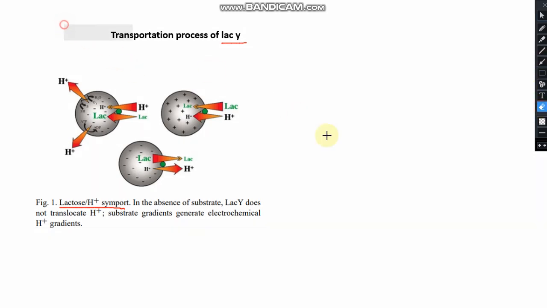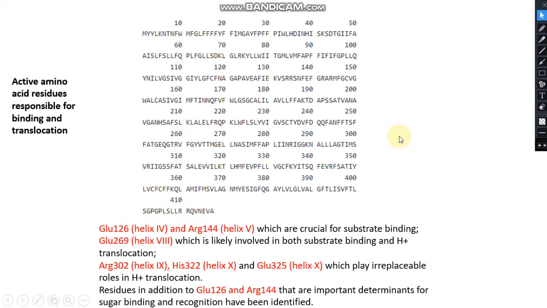In my next slide, I'd like to mention the structure, or the amino acid residues, of these lac-Y lac permease proteins.